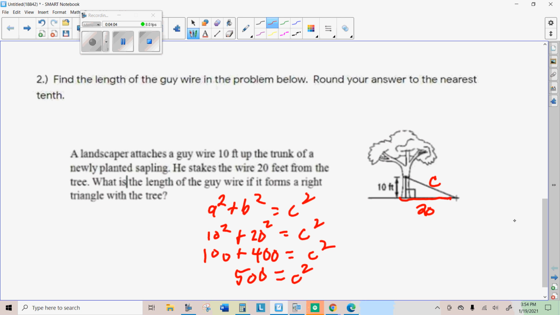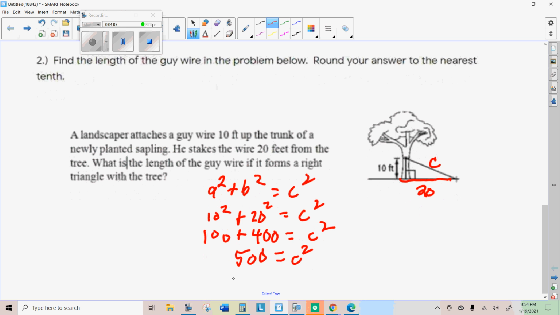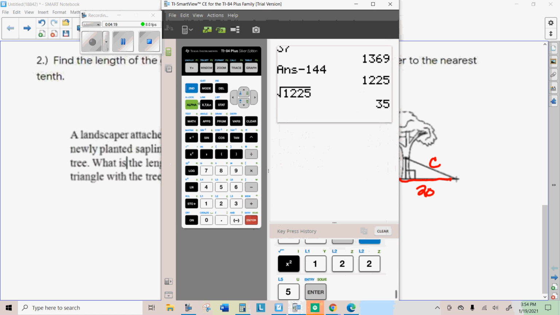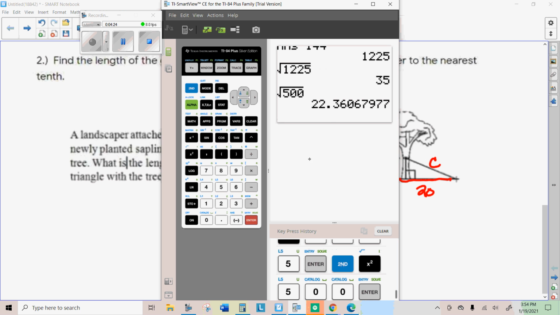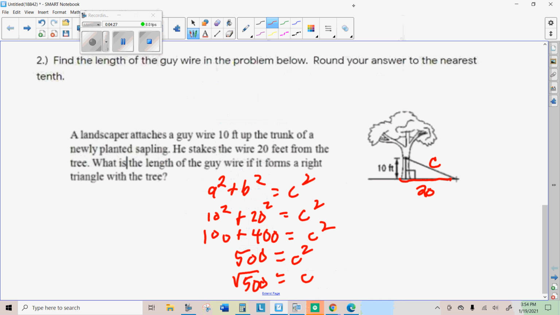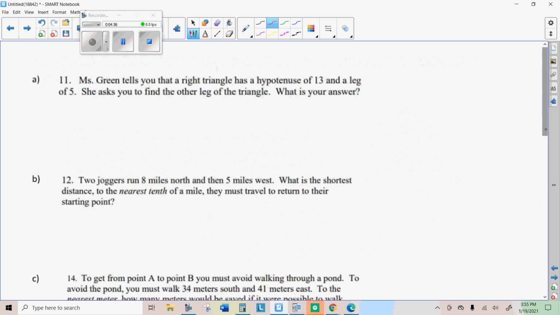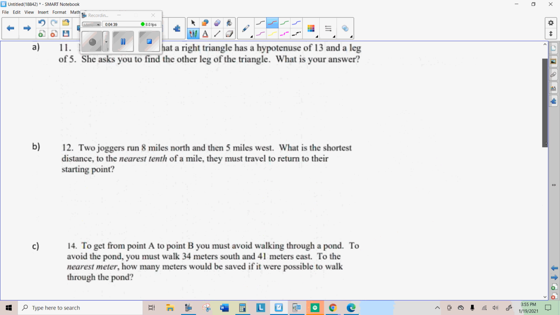And then the last step to undo the second power is you do the square root of 500 is equal to c. I'm going to use my calculator to help me with that. We're going to round to the nearest tenth. So square root of 500, about 22.4 we get. Feet. All right. You can try a couple problems. Make sure you know which side you're looking for.